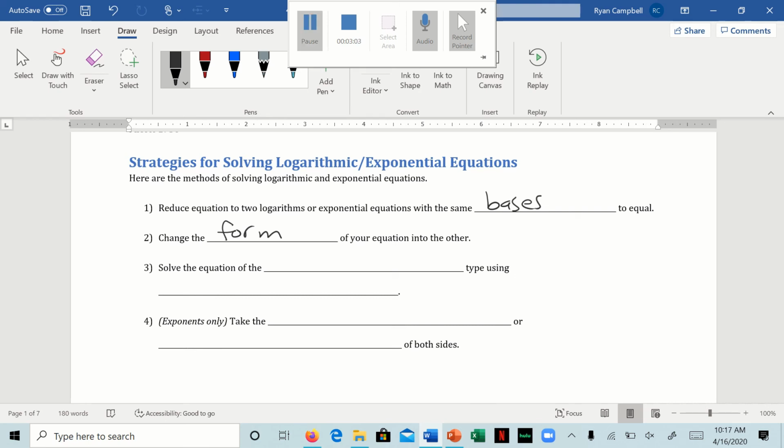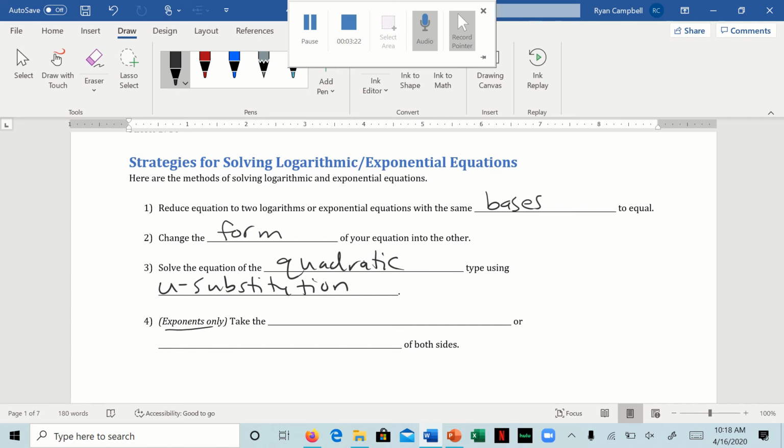Number 3: we can solve some sort of quadratic type, a problem that looks like a quadratic, which we may be able to do using u substitution. And lastly, this is only for exponents.